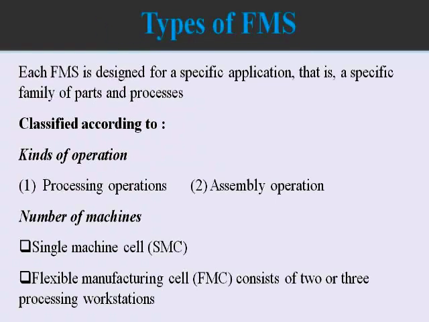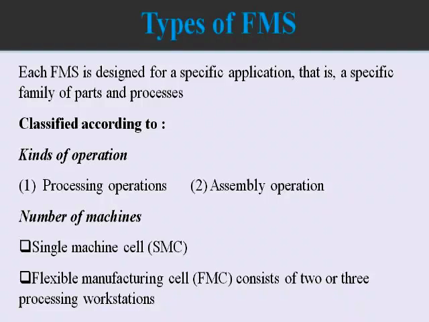Each FMS is designed for a specific application, that is, a specific family of parts and processes. We have discussed in the last group technology class that the parts can be classified into part families, and simultaneously the machines that are going to process these parts we call machine families. So by applying GT methods, we can simultaneously formulate machine families and part families.